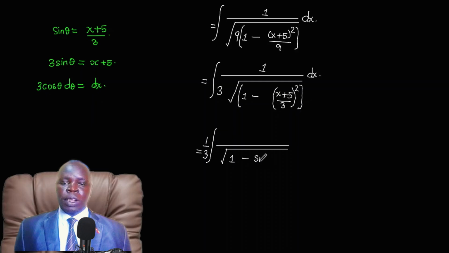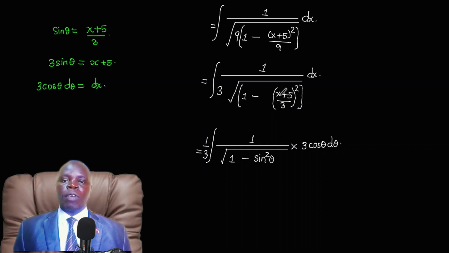And since the fraction was squared, we will also square the sine. So we have sine square theta, and the numerator still is 1. So instead of writing dx, we know our dx is already 3 cos theta. So we have here 3 cos theta d theta.